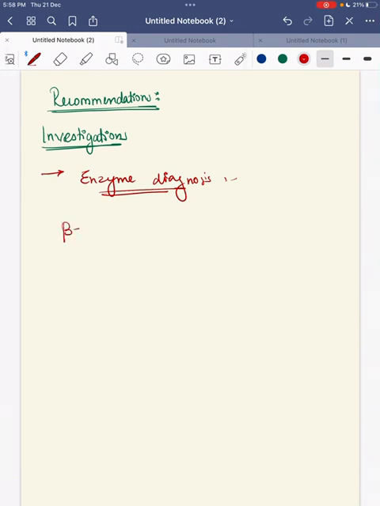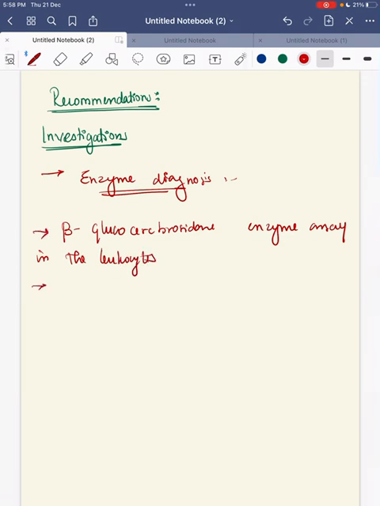You have to look for beta glucocerebrosidase enzyme assay in the blood leukocytes. In patients with Gaucher's disease, the level will be less than or equal to 10% of the control. Fine. This is the first investigation.